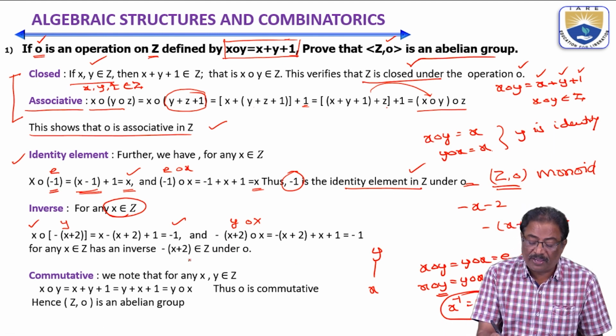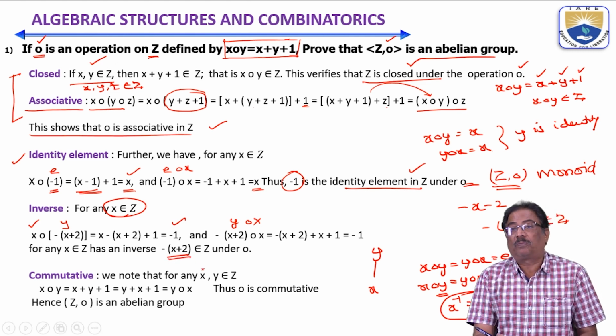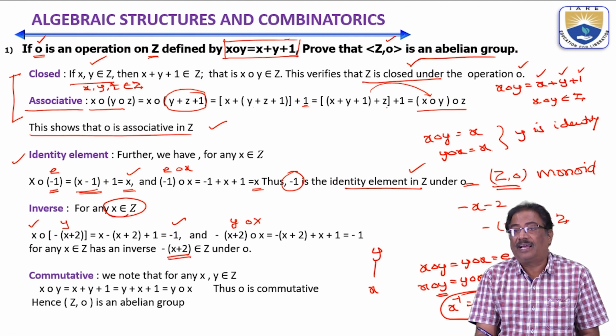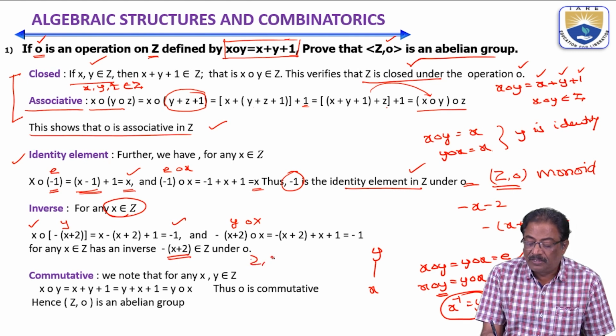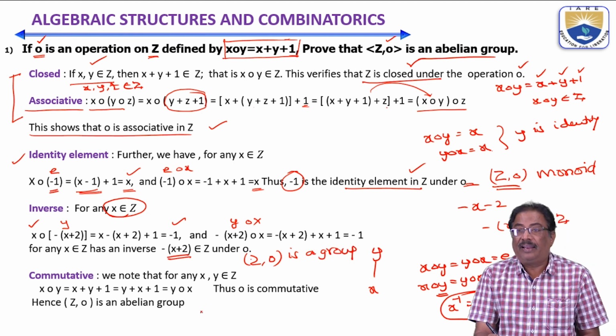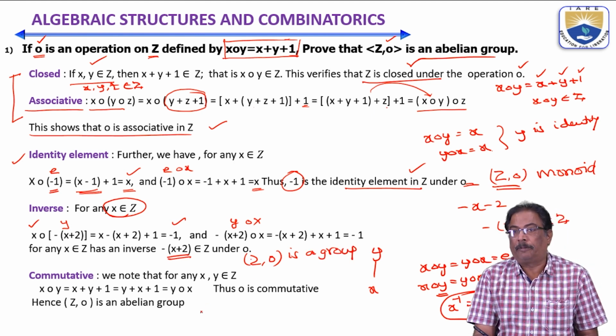In the place of y, we have minus of x plus 2. Then we can say that Z comma circle is a group.